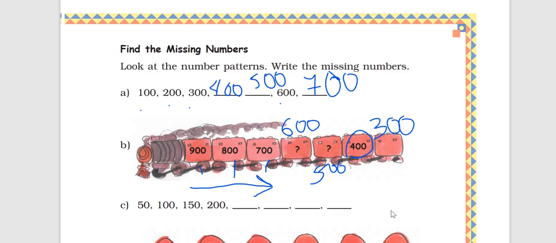Now, C is 50. It's 5 tens, 100, 10 tens, 150, which is 15 tens, 200, which is 20 tens. So, each time we are increasing it by 5 tens: 5, 10 tens, 15 tens and 20 tens. If we add 5 more tens to 20 tens, you get 25 tens.